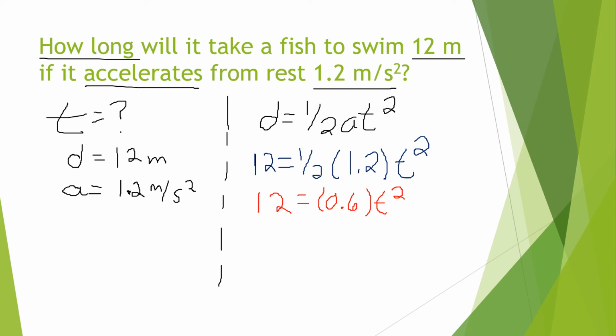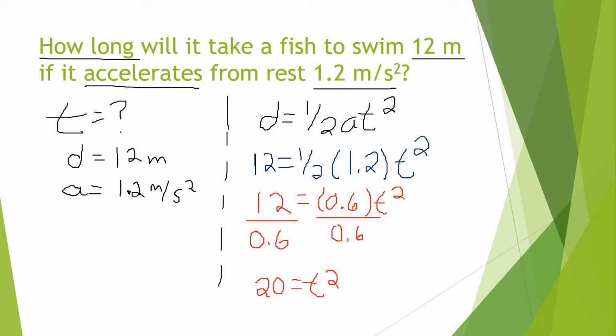Okay. I want to get the t by itself. First, you need to divide both sides by the number in front of the t, which is called the coefficient. So if I take 12 and divide it by 0.6, I get 20 equals t squared.